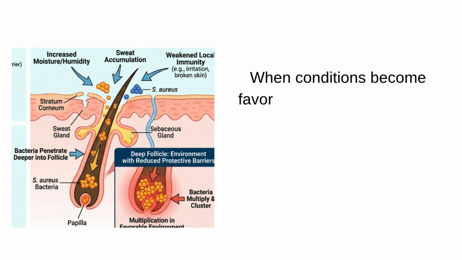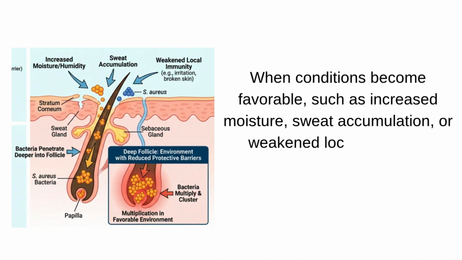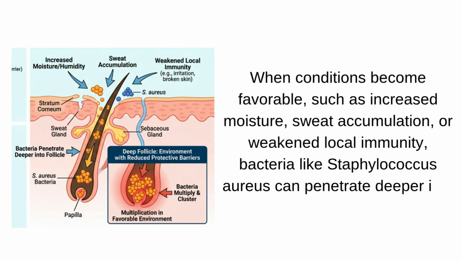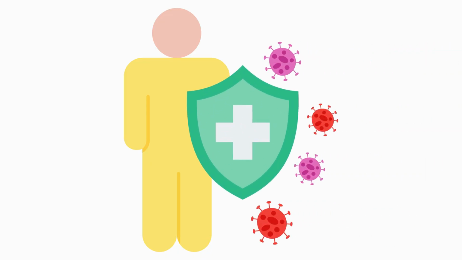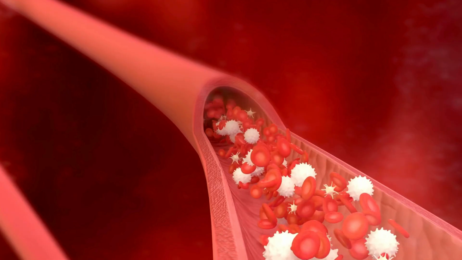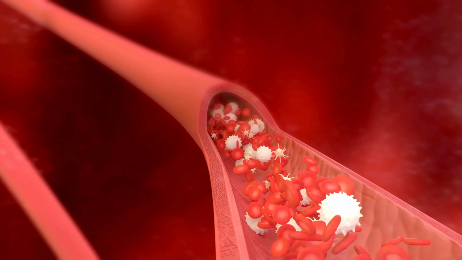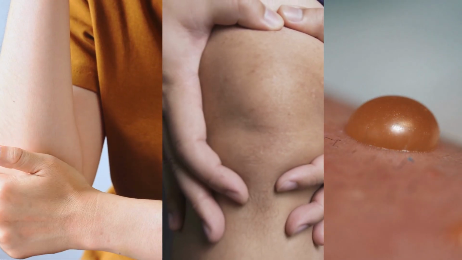When conditions become favorable, such as increased moisture, sweat accumulation, or weakened local immunity, bacteria like Staphylococcus aureus can penetrate deeper into hair follicles. Once inside, these bacteria begin to multiply in an environment that lacks the full protective barriers of the outer skin layer. The immune system responds quickly, sending white blood cells to contain the infection. But this defensive response also contributes to inflammation, swelling, and pus formation.